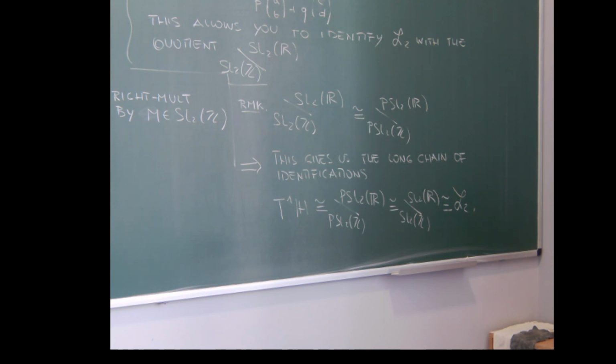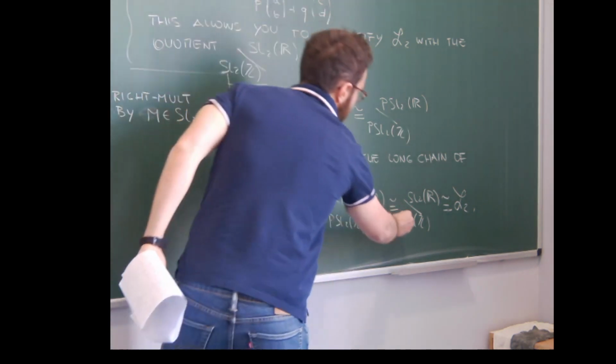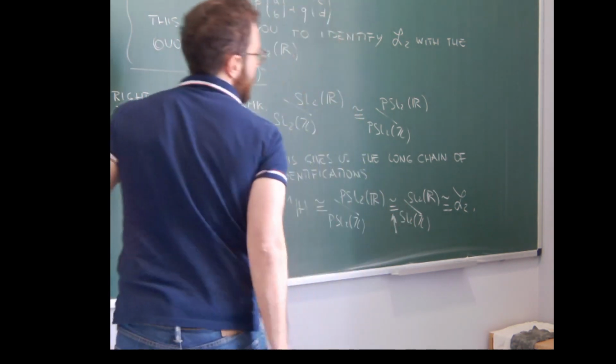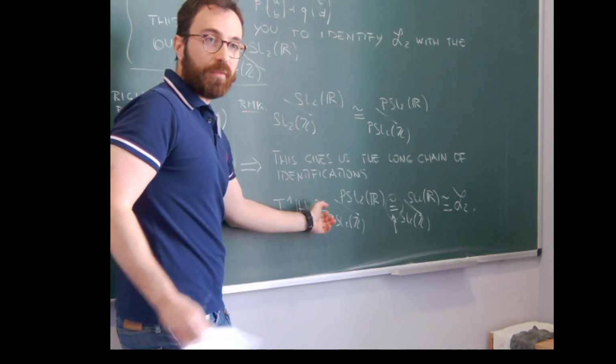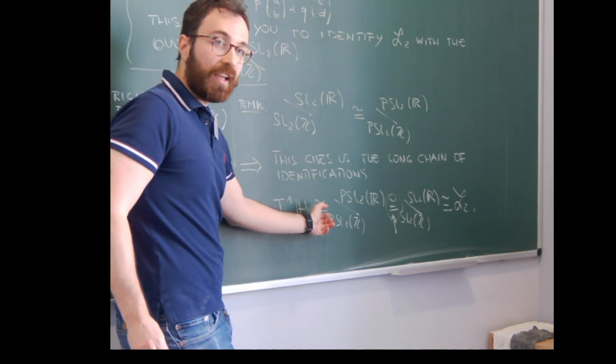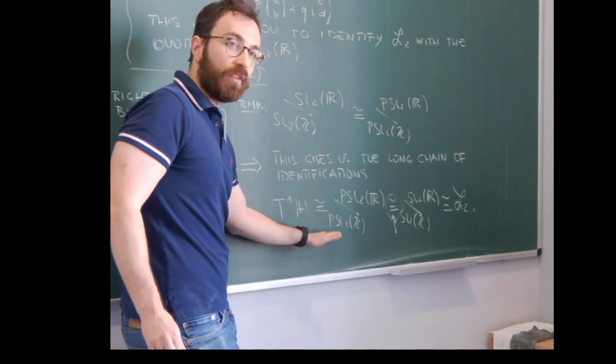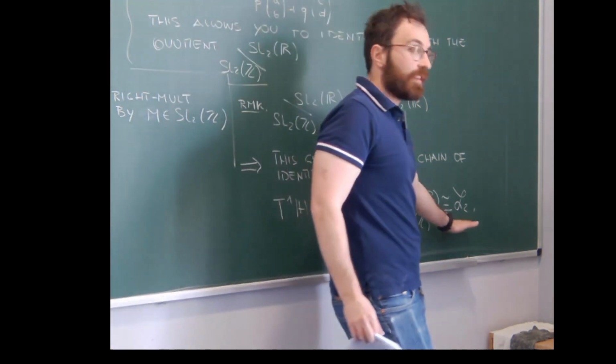Okay, good. But now, this identification here is easy, and I don't want to spend too much time. So here we have an identification through action on the element i, and we know that this is a diffeomorphism.